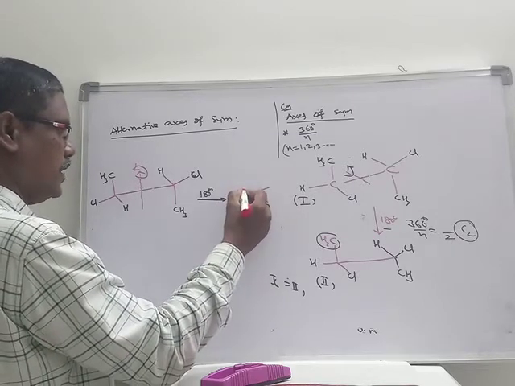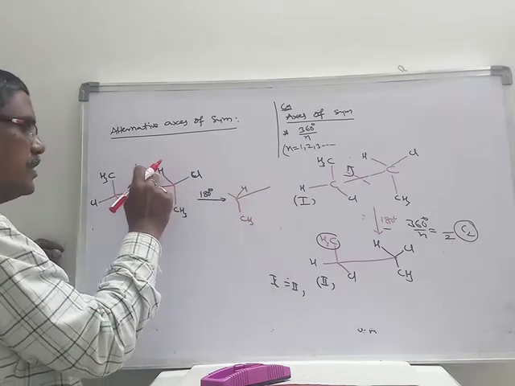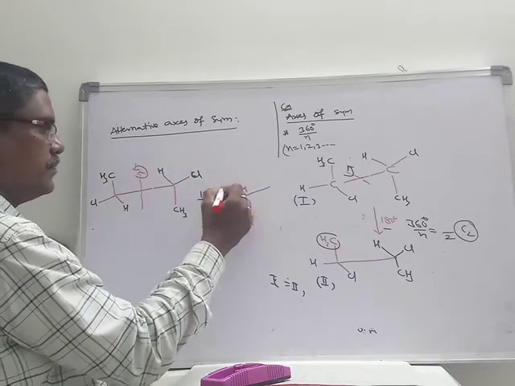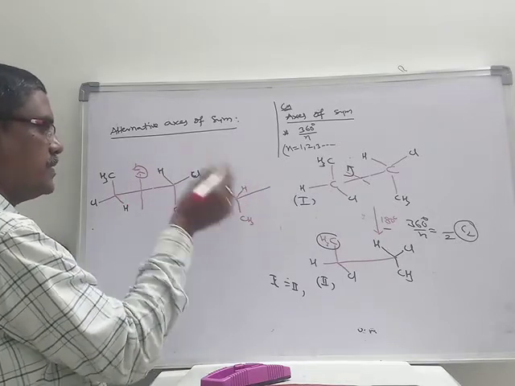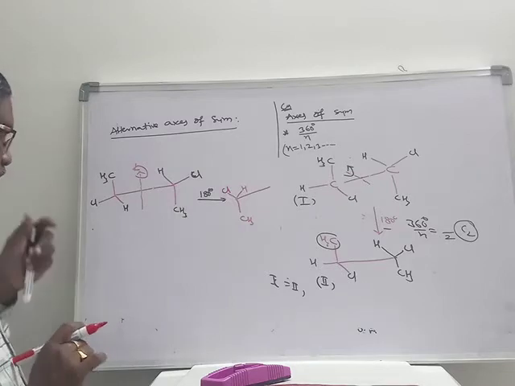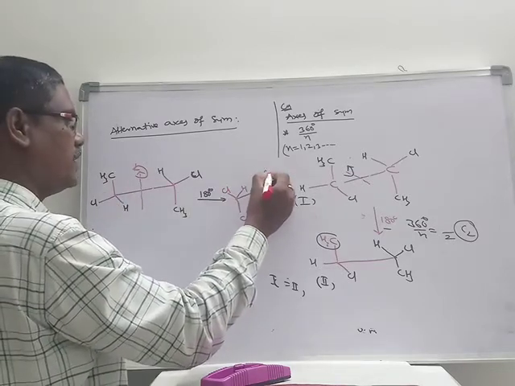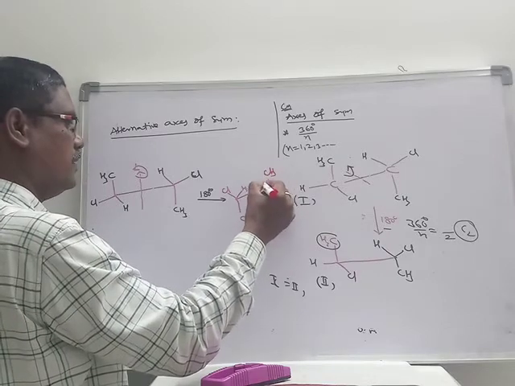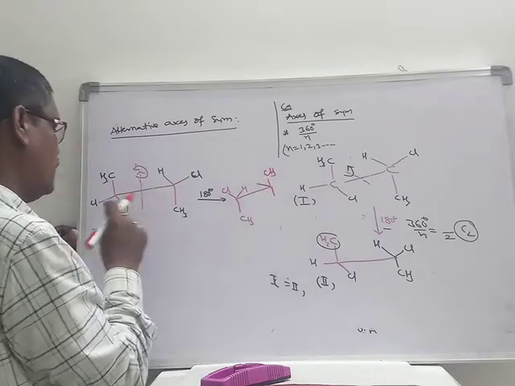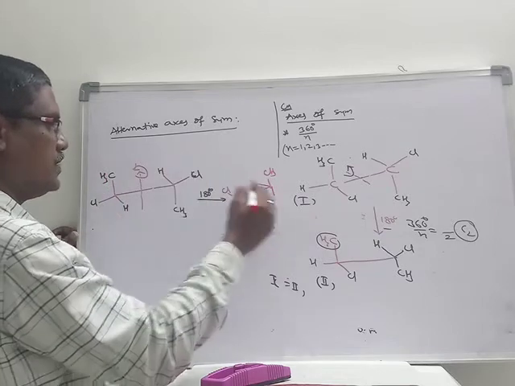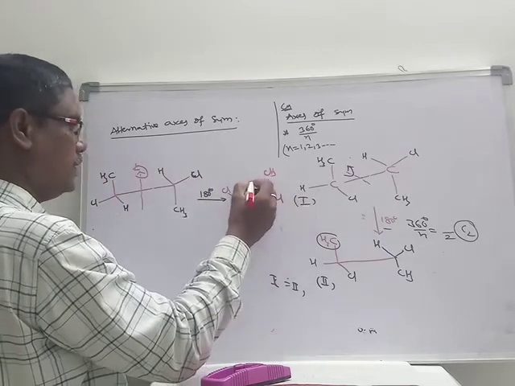This is H. The outside one is the front side only. This is Cl. Front side will go to the back side only. And here upside is the CH3, and downside is this one, Cl coming to the front side. This is the H.